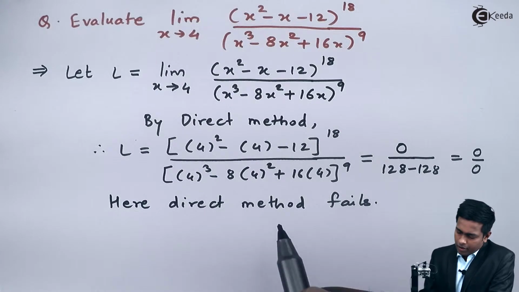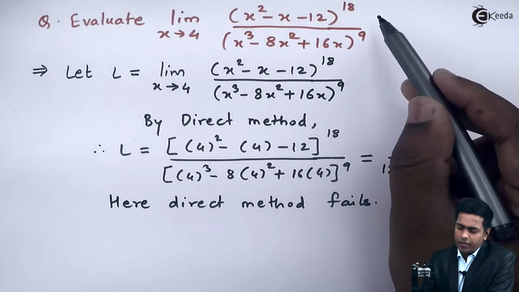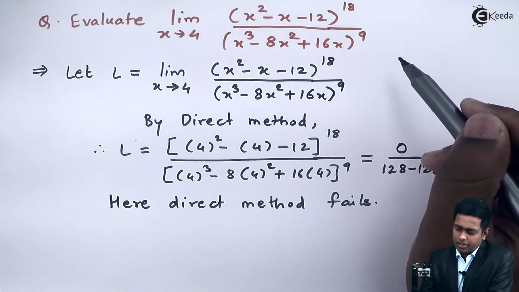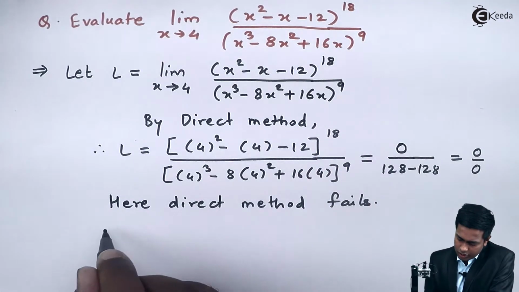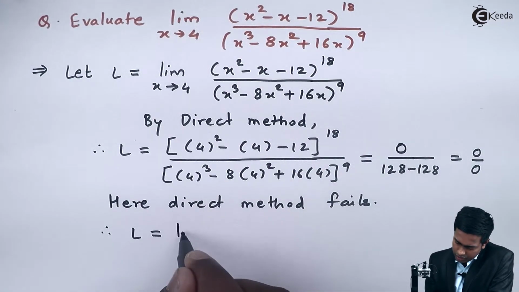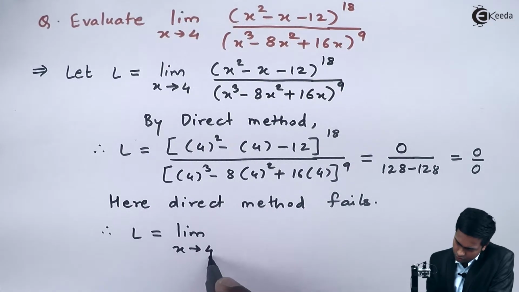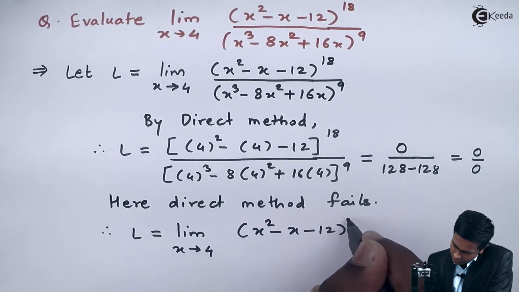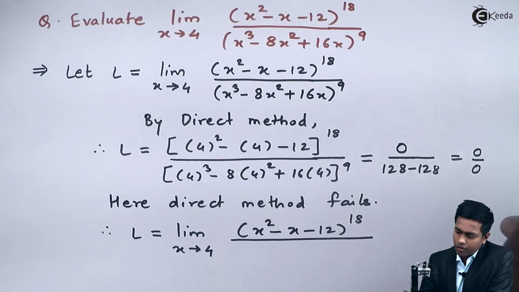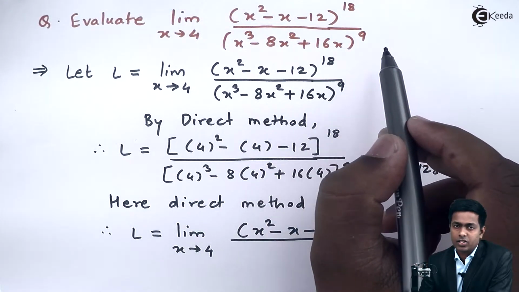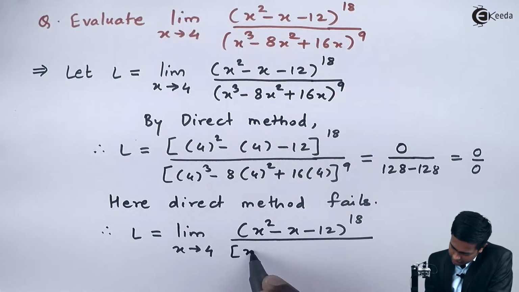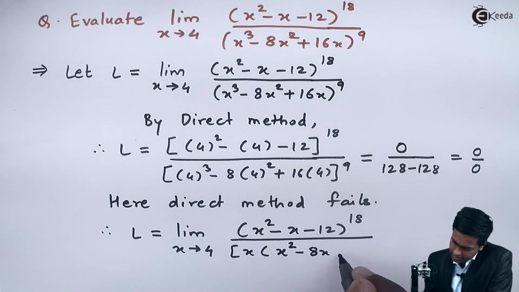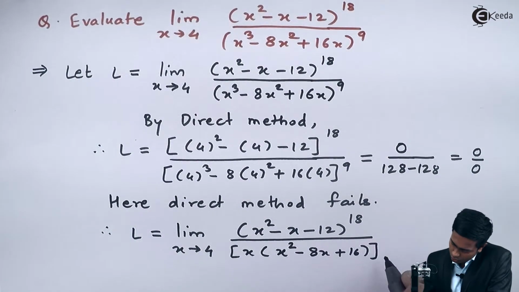So if direct method fails, to evaluate the value of the limit we have to use some other method. To decide that method, I will rewrite the given question. So L is equal to limit x tends to 4, (x² − x − 12)^18 upon, from the denominator I can take x common, (x(x² − 8x + 16))^9.